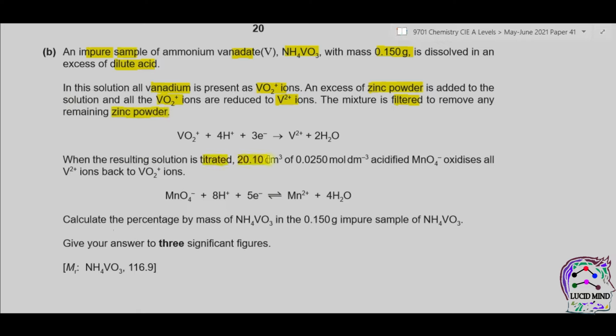So we can say that we have an impure sample of ammonium vanadate NH4VO3 and it is 0.150 grams. Then this is dissolved in excess of dilute acid.